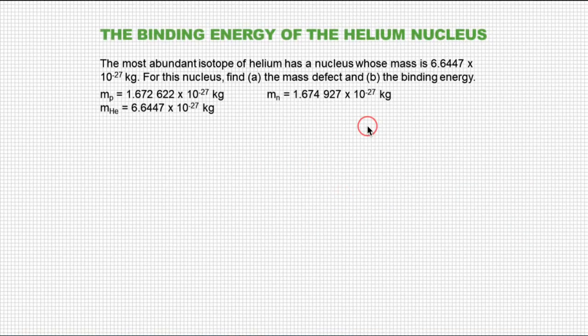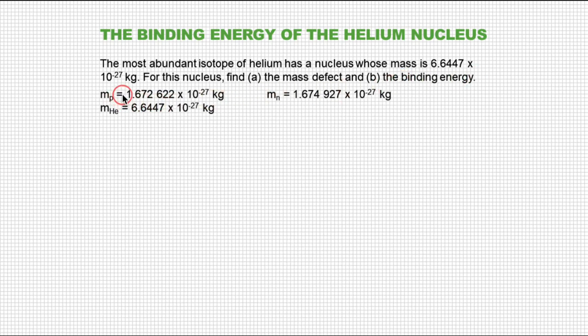So let's have a look at a practical application of this binding energy formula, or the version of E equals mc squared, that we can apply to starting to work with nuclear reactions. What we have here is an isotope of helium which has a mass of 6.6447 by 10 to the negative 27 kilograms, and we're asked to find the mass defect, and from that value determine the binding energy.